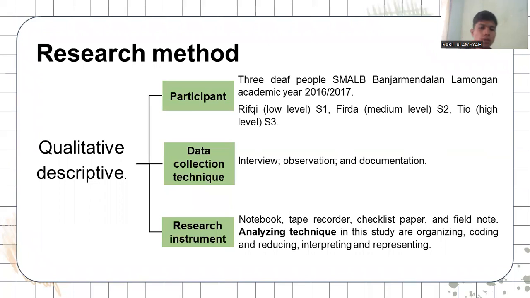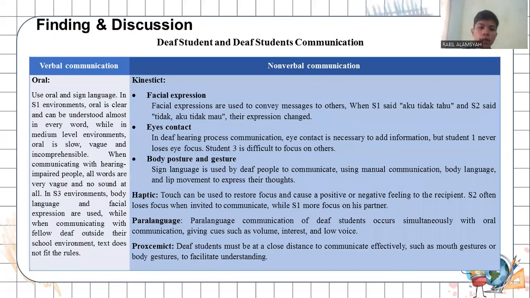Deaf student and deaf students communications use oral and sign language. As we can see, in student 1 environment, oral is clear and can be understood by almost everyone, while in medium level environments, oral is slow, vague, and incomprehensible.